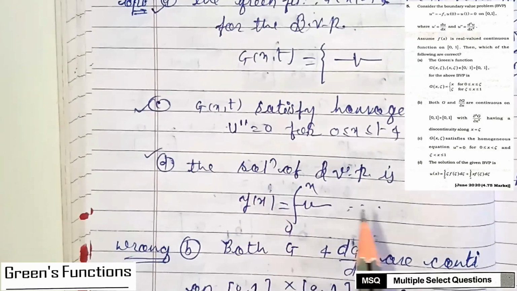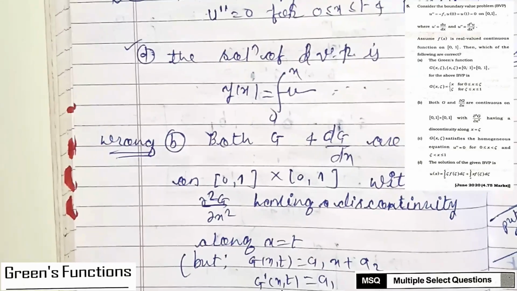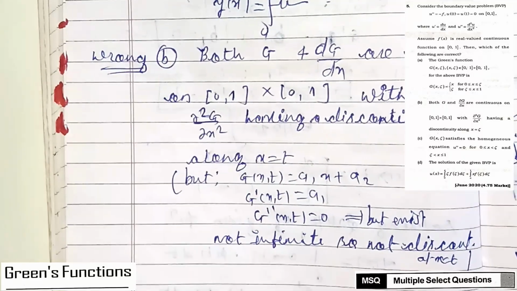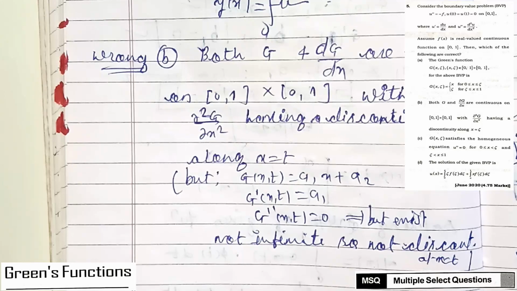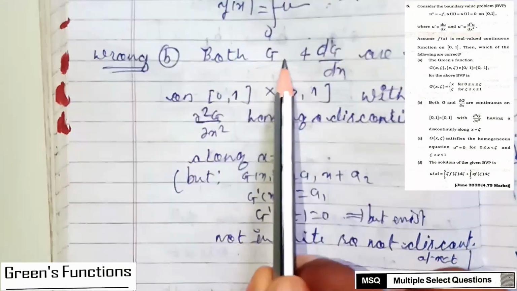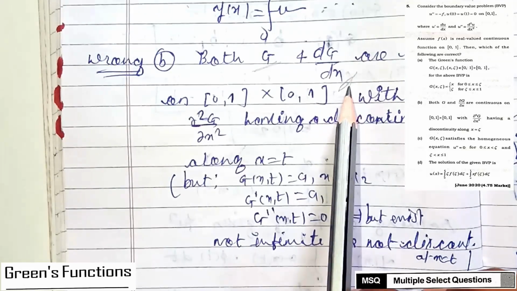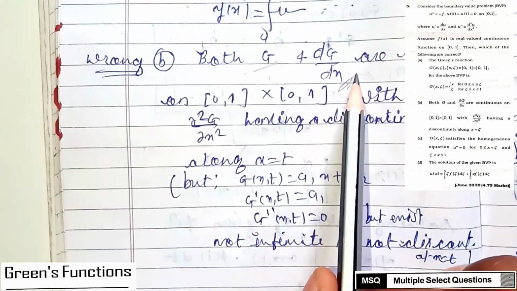Now option B is wrong, because it says g and dg by dx are continuous. We always know that the Green's function g of x, t is continuous, but we cannot say about its first, second, or nth differentiation.